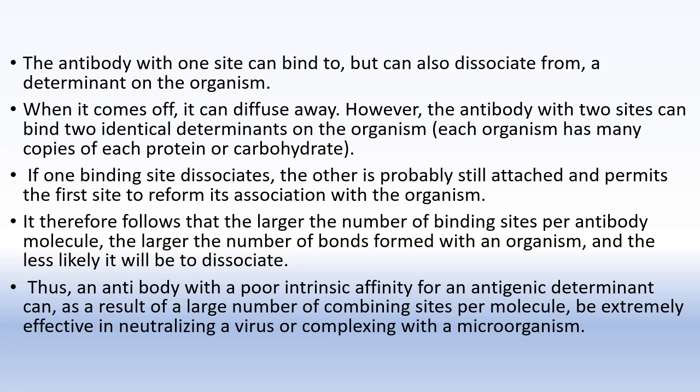Each organism has many copies of each protein or carbohydrate. If one binding site dissociates, the other is probably still attached and permits the first site to reform its association with the organism. It therefore follows that the larger the number of binding sites per antibody molecule, the larger the number of bonds formed within an organism, and the less likely it will be to dissociate.